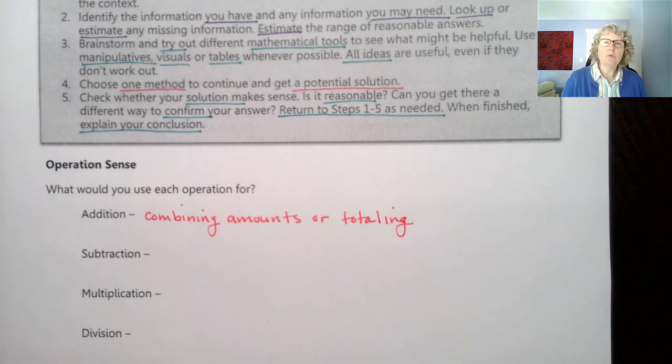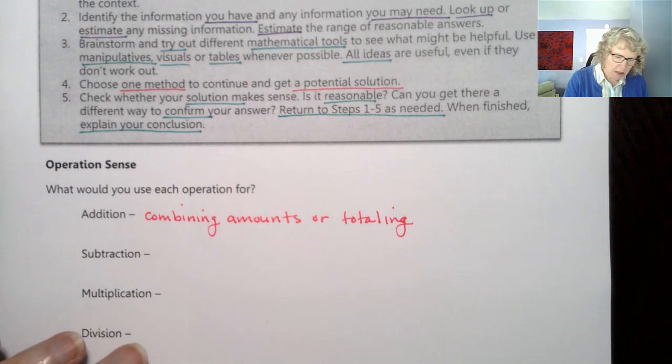Subtraction, so think about when you would subtract 2 numbers. You're often trying to find the difference between something, right? Like how much do you have left? You're taking away, maybe you're taking away something, you're spending money.